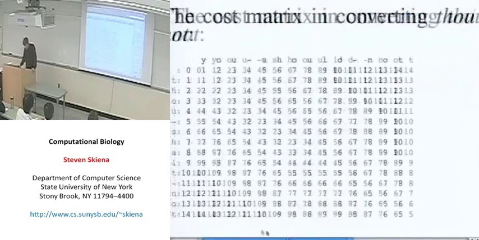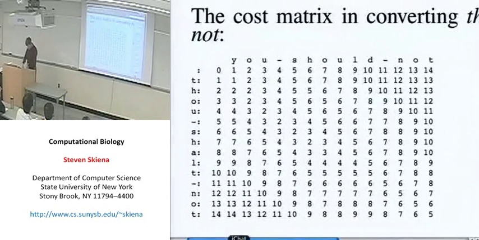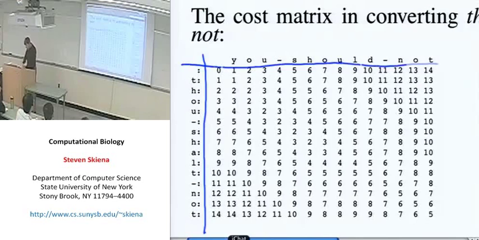Okay? So what is this table showing me? First thing to note is that I am editing this string into that string. Right? Does everybody see that? The first thing is, you notice I had that padded with blanks.